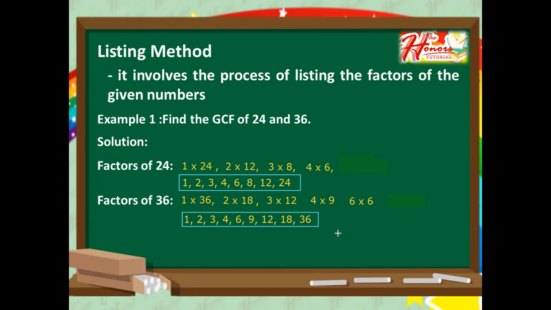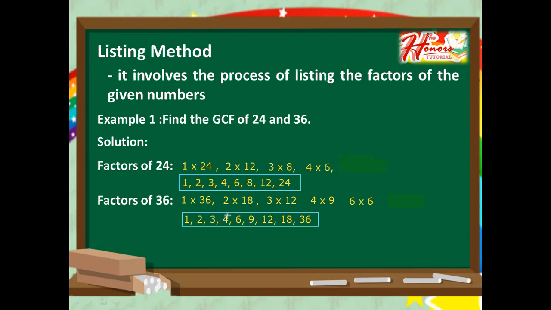To find the greatest common factor, you have to look for the greatest number that you have here. Is it 1? No, it's not. Is it 2? No. 3? No. You should look for a number that is contained in both 24 and 36.